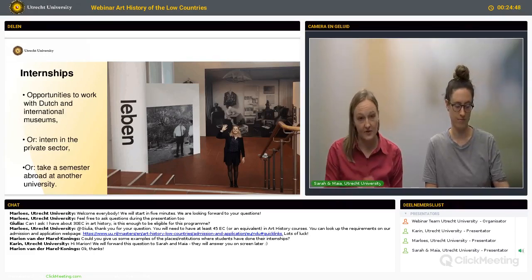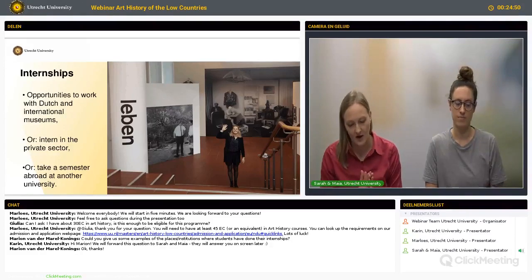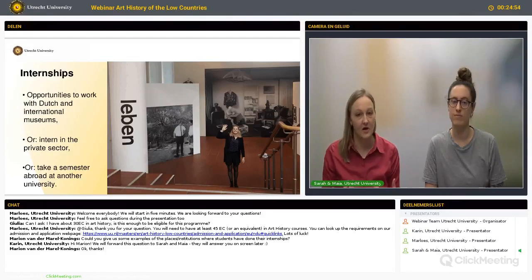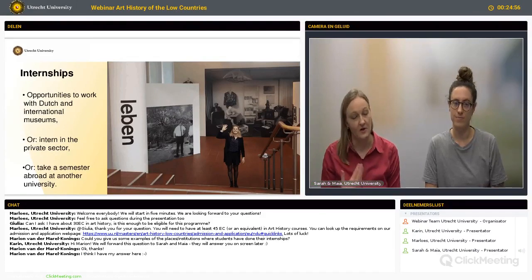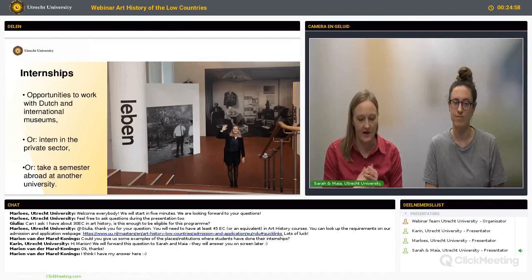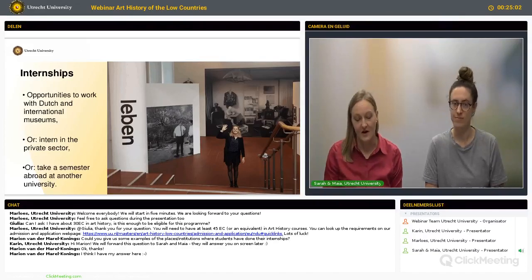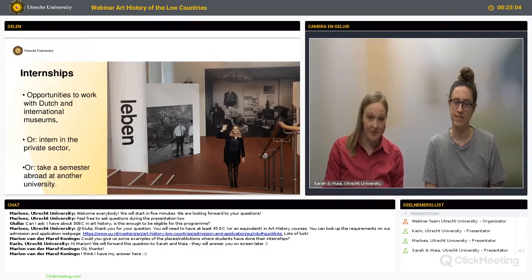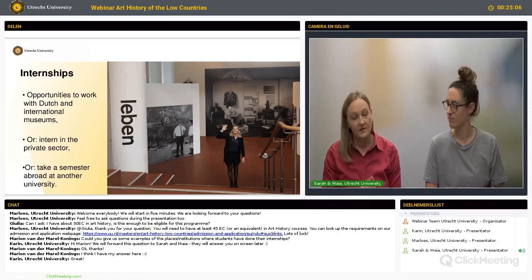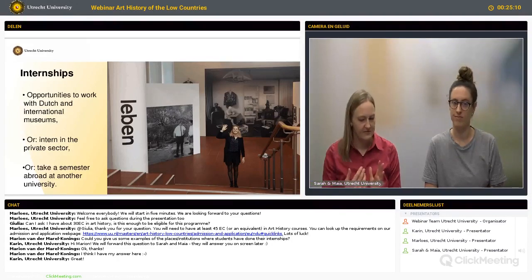You can also, with this credit block, do an internship in a more business or art market direction. So you could work at a private gallery, you could work at an auction house, in the art investment sector, or you could do a study abroad. Most people don't do that, but it is an option, and we've had someone go to Harvard before. So it's very, very open.